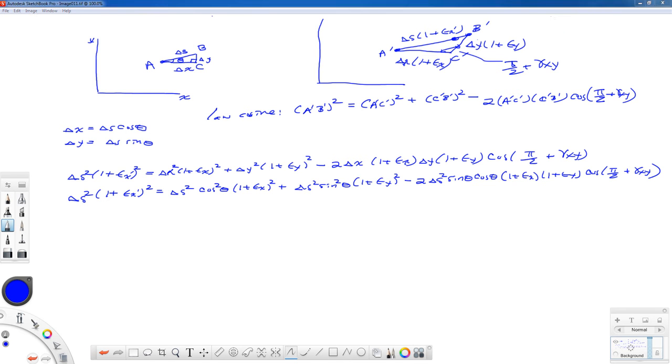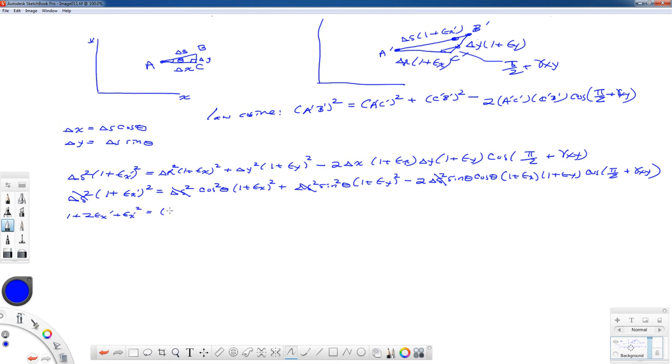Alright, so let's continue on with our algebra just for a little bit. The delta S squared terms are common to all of these, so they can cancel out. Now let's go ahead and expand this term out. We have 1 plus epsilon x prime squared. So this is going to be 1 plus 2 epsilon x prime plus epsilon x prime squared.